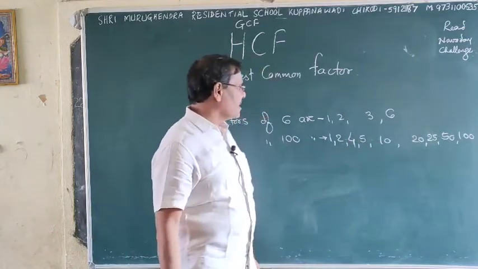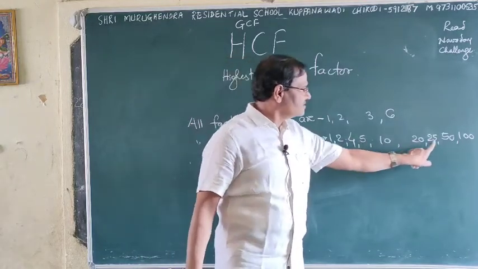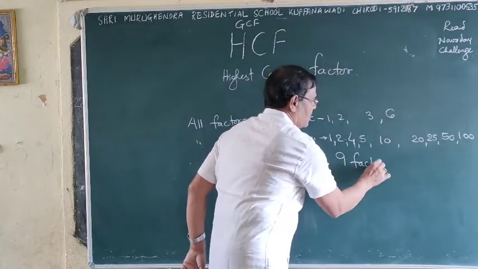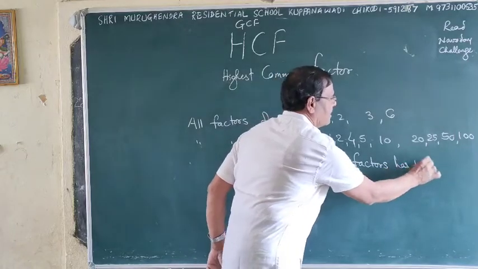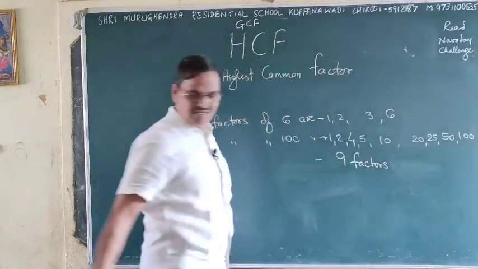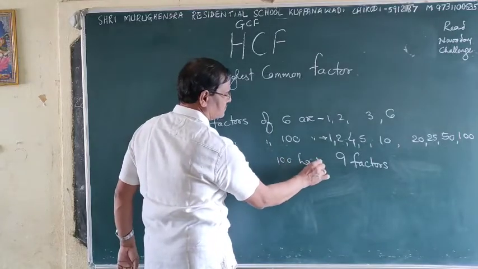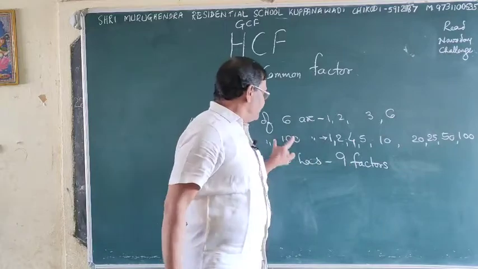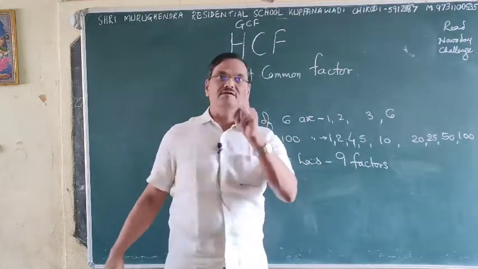So how many factors does 100 have? 1, 2, 3, 4, 5, 6, 7, 8, 9. 100 has 9 factors. If it is a square number, then an odd number of factors will come.